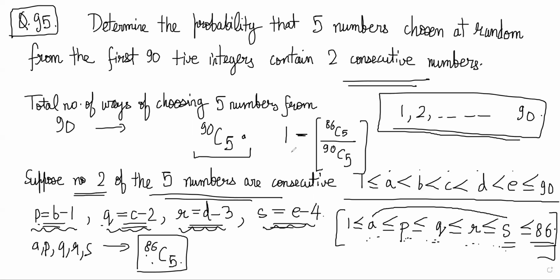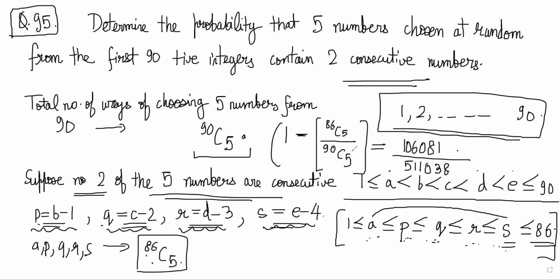We are subtracting the probability that no two numbers are consecutive from the total probability. And that will mean that at least some of them will be consecutive in the desired case. So if you calculate this out, that will be your answer. It comes out to be 106081 divided by 511038. That is the probability.